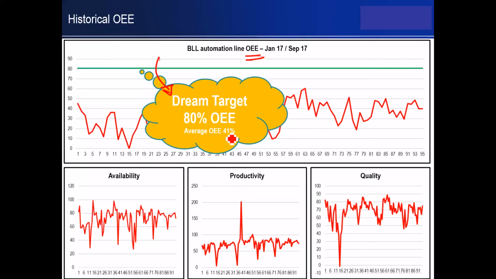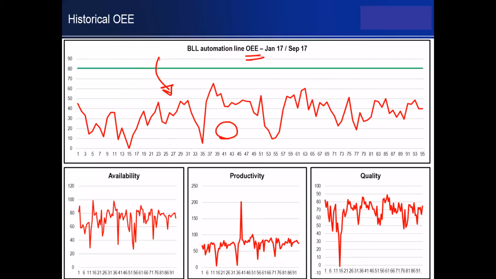Current performance is 41%. But the key point for me is to look at the amount of variability in this thing. Look at the way it's just flying around anywhere between 65% and 5%, essentially. It's just flying around everywhere.